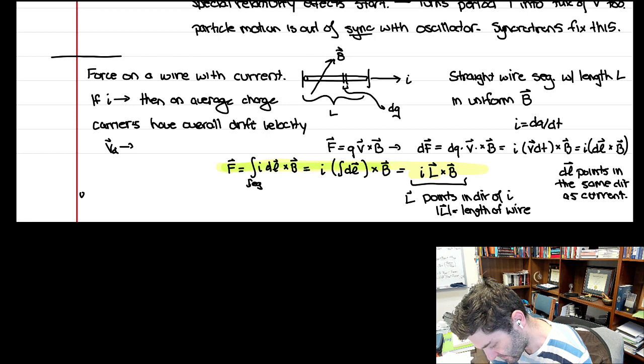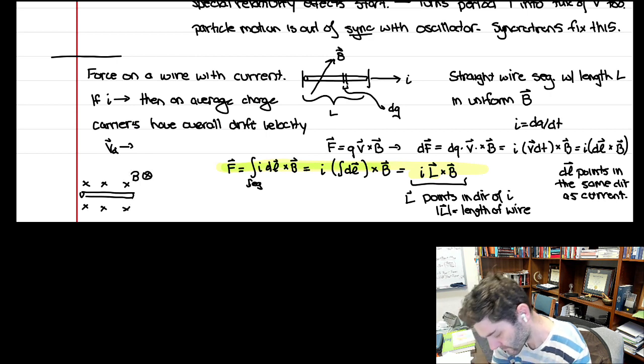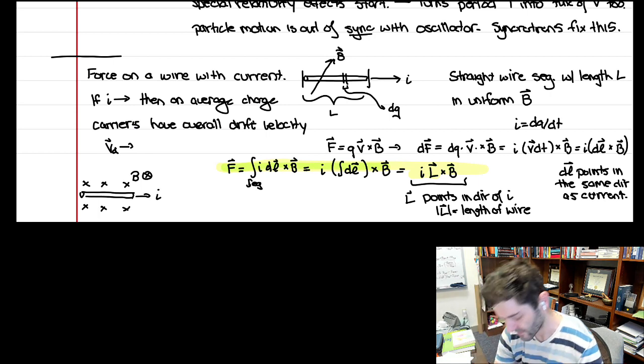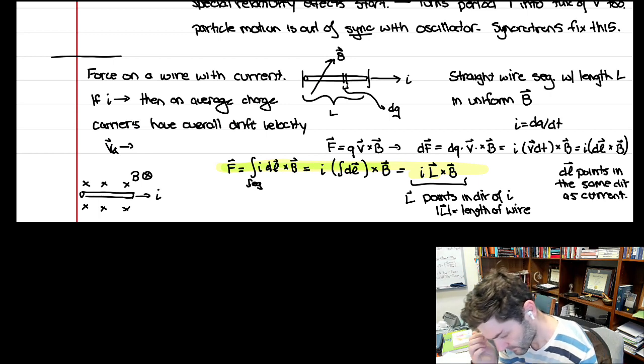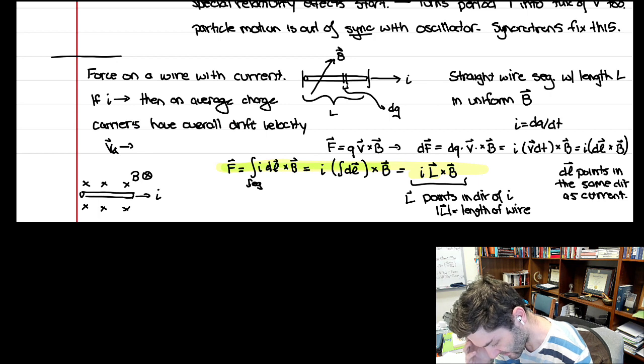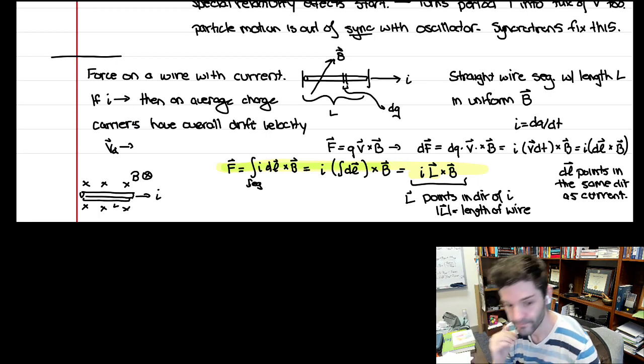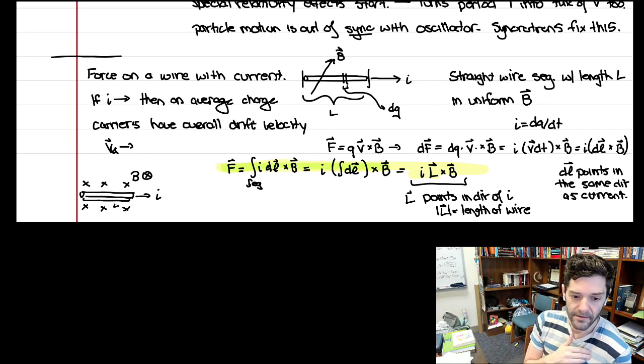All right, so I have some line of current here, and let's suppose that I have B pointing into the page. There's some current that's moving in that direction. And this entire thing is length L. Then for the force, I point my fingers in the direction of the current.